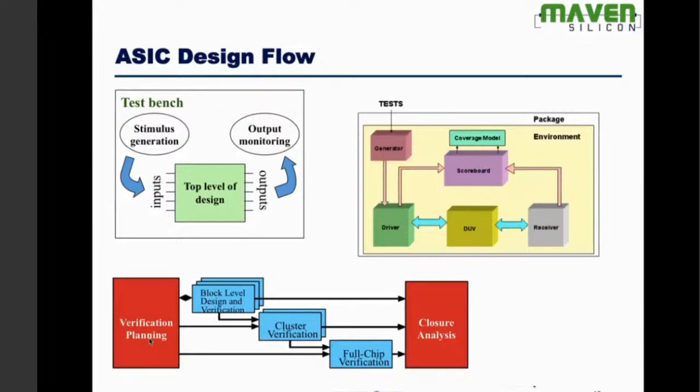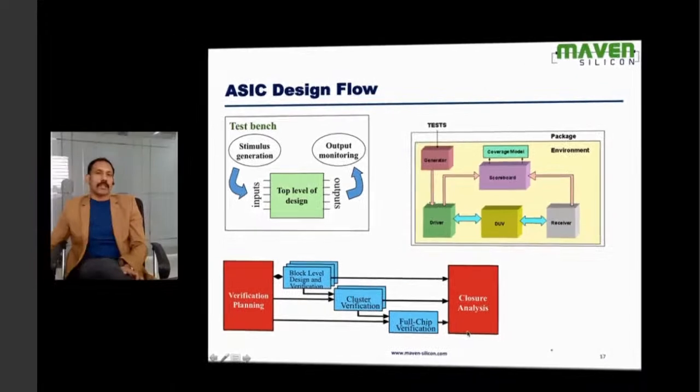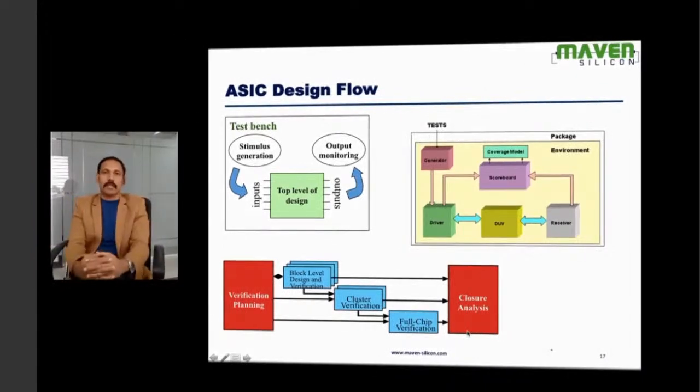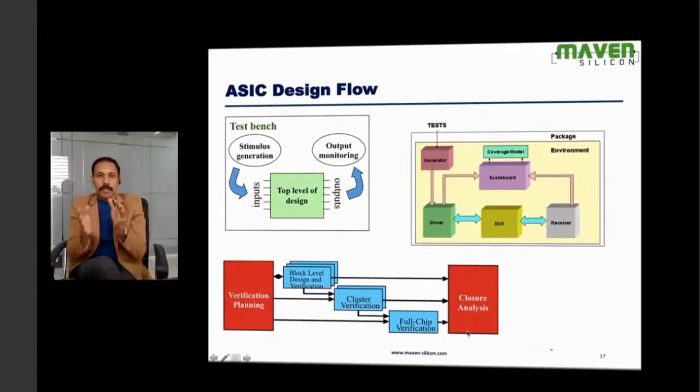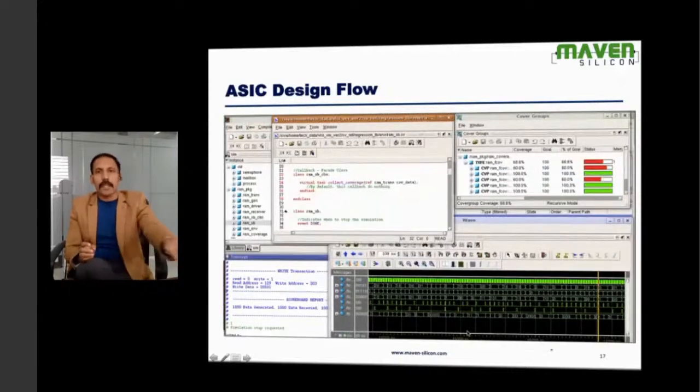And what kind of strategy: white box, black box, or gray box. Based on the plan, we run simulation and eventually we look at the coverage and sign off the simulation. If the coverage is 100%, we are fine with the simulation output, and we sign off the simulation. That's how verification happens.